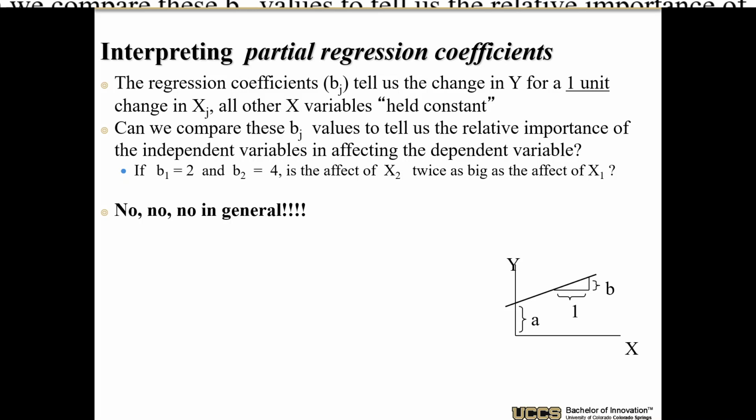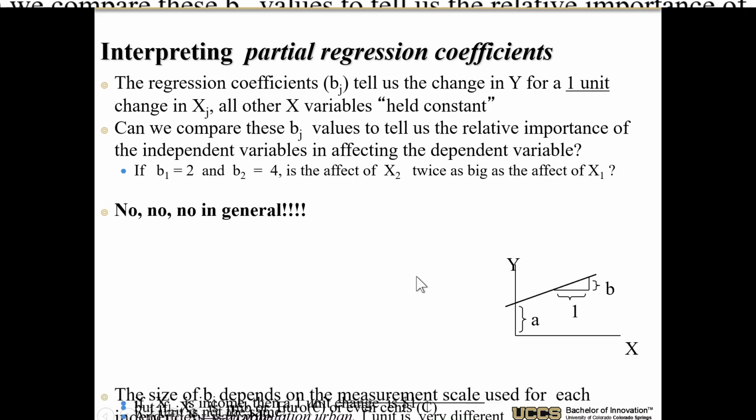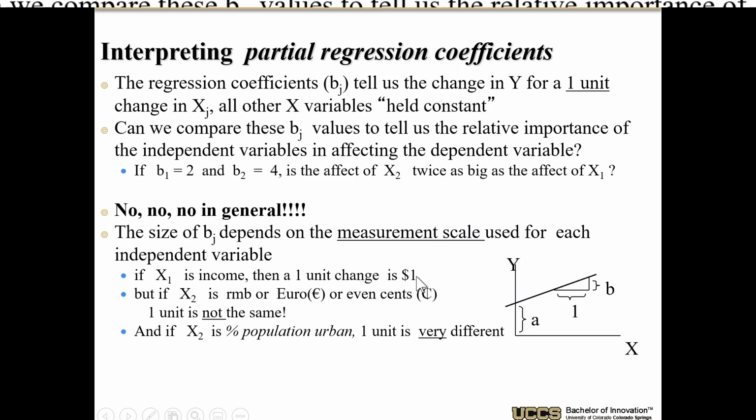So if I have two variables where the slope of one is 2 and the slope of the second one is 4, is the average effect of x2 twice as big as the effect of x1? And the answer is not in general. So you have to be careful when you try and interpret these. The size of the variable and the coefficients depend on the scale used for the variables, right?